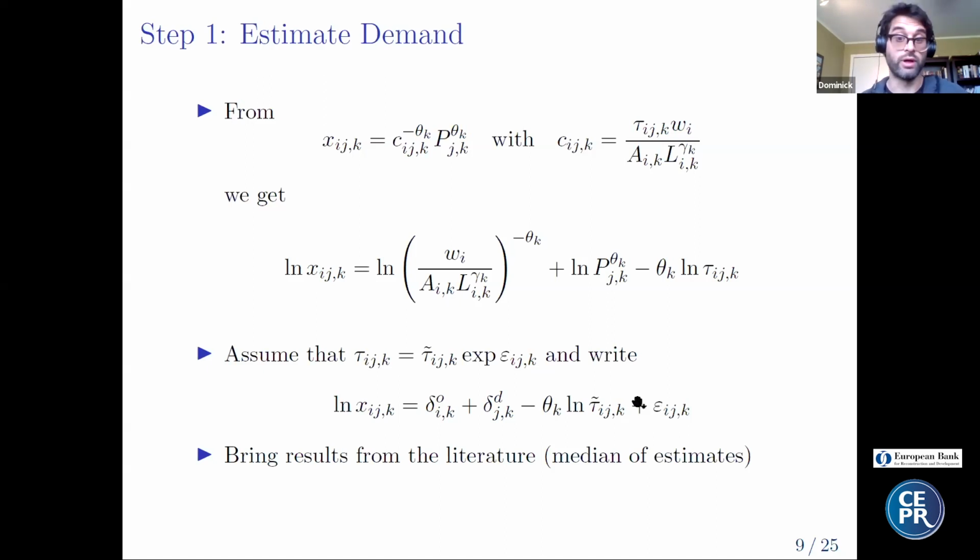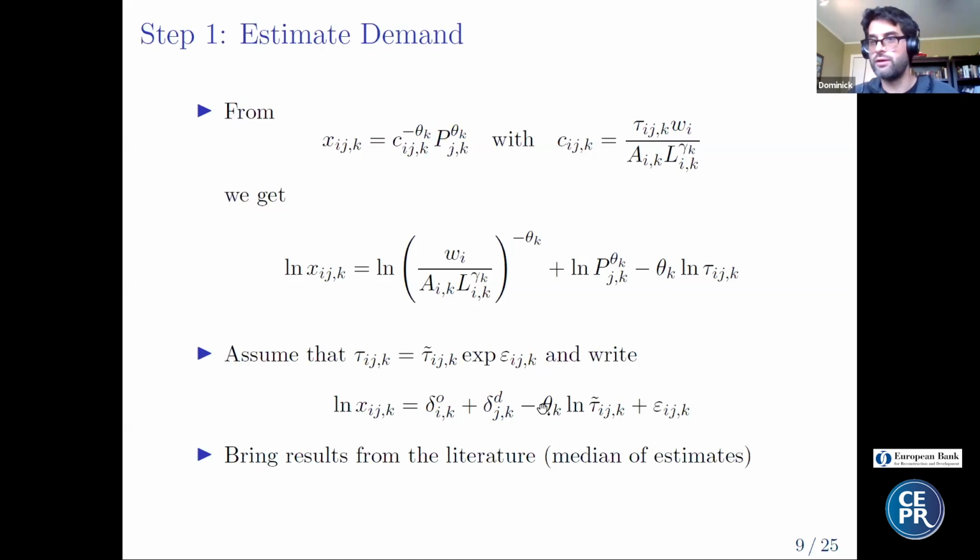And then if one had access to tariff data, this is a regression, here's data, here are some dummy variables that one can use fixed effects to get rid of, and we look at how differences in tariffs correlate with differences in trade shares to get an estimate of theta.